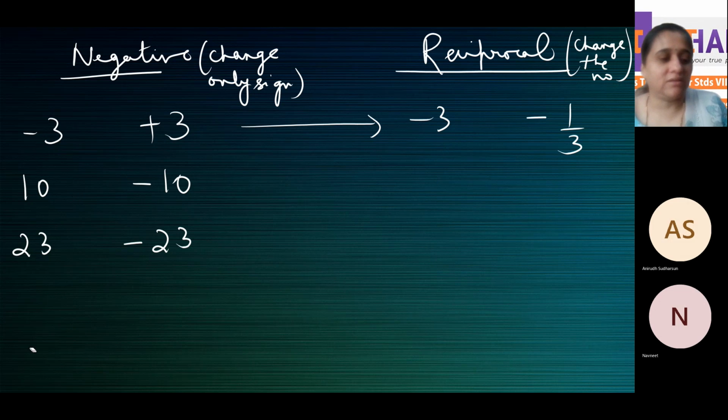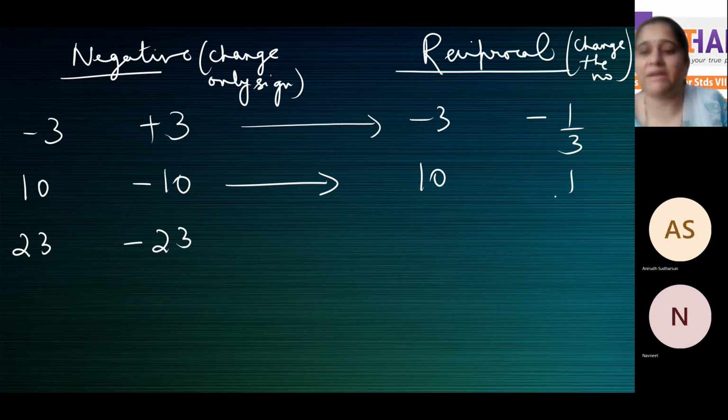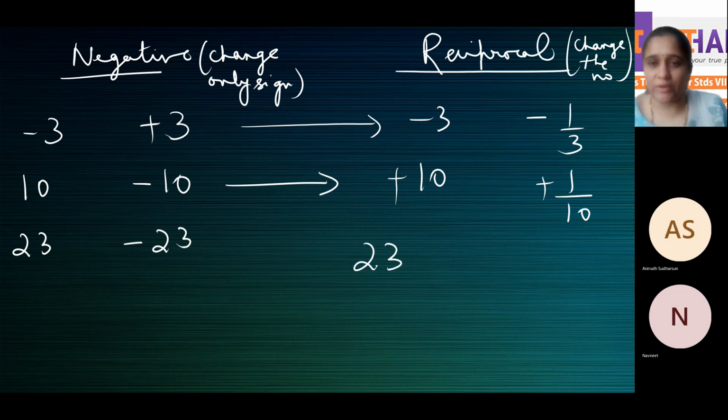For the same number 10, if you're writing the reciprocal, change only the number. That is, 10 by 1 will become 1 by 10. Write it upside down. This is 10 by 1. Write it as 1 by 10. But don't change the sign. Plus will be plus only. It's plus 10 here. It will be plus 10 here also. Now for 23, it's plus 23. It will be plus only. You will not change the sign. Change the number. 23 by 1 will become 1 by 23.